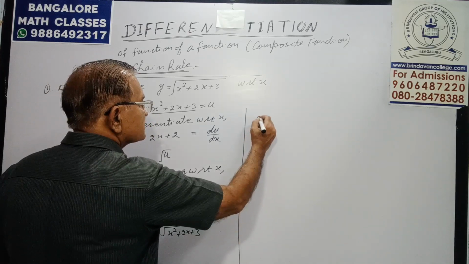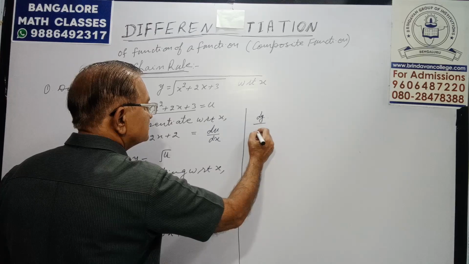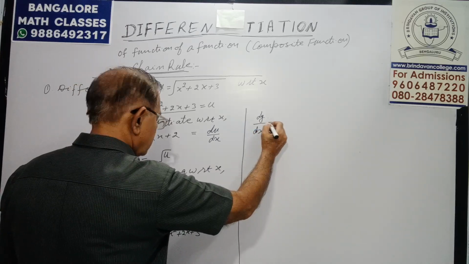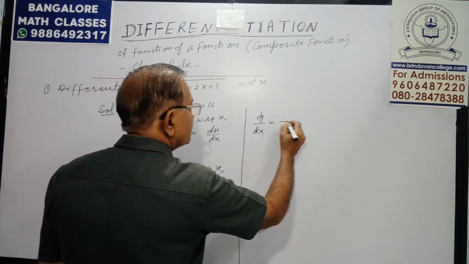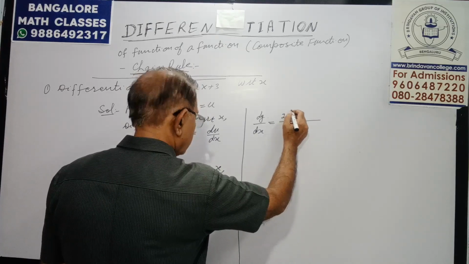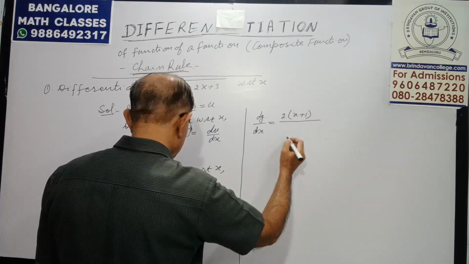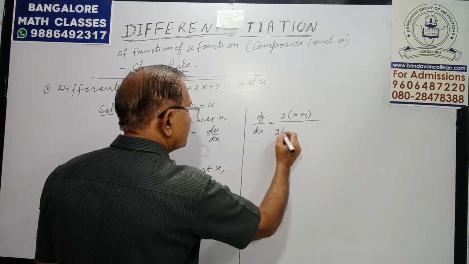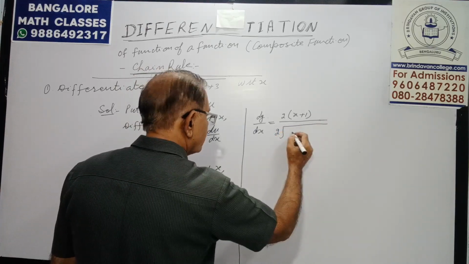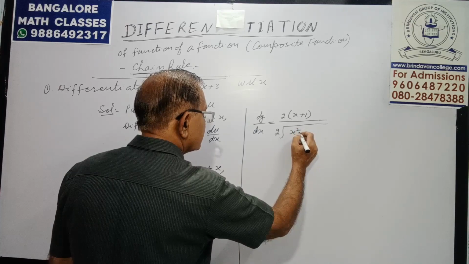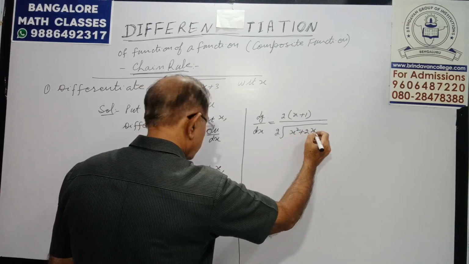So dy by dx equals 2 common, x plus 1, over 2 root of x square plus 2x plus 3.